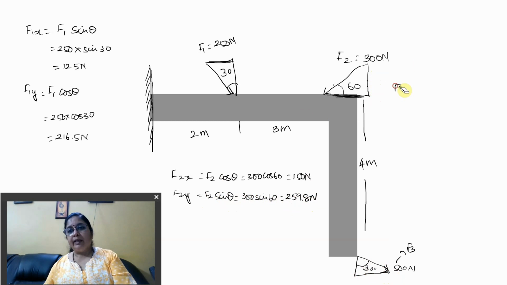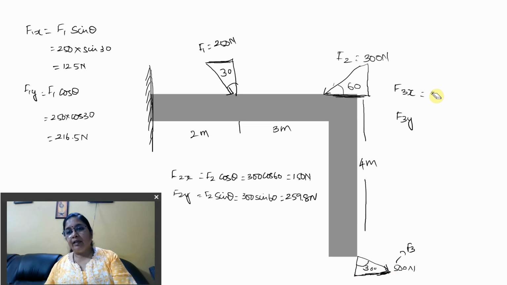Similarly, F3x and F3y have to be calculated. What is your F3x? This is your x component, right? So F3x, this is your x component, which is again going to be your opposite side.